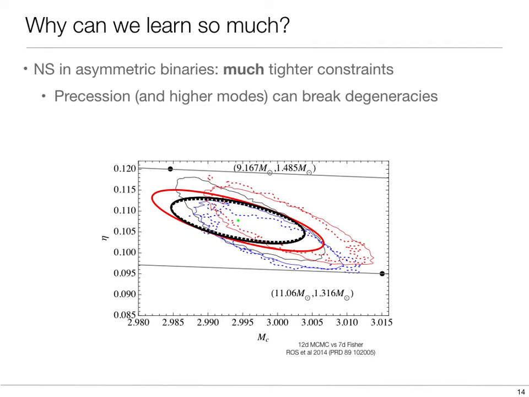So what this rather messy figure is showing is precisely the posterior distributions derived for these two configurations, shown in chirp mass and mass ratio, and you can see quite sharp constraints on the component masses for the two configurations, solid and dotted with and without using higher order modes.